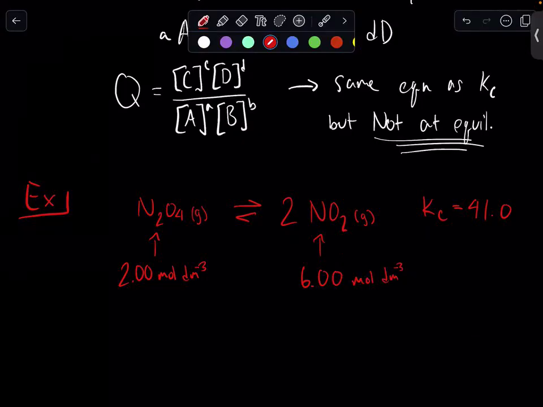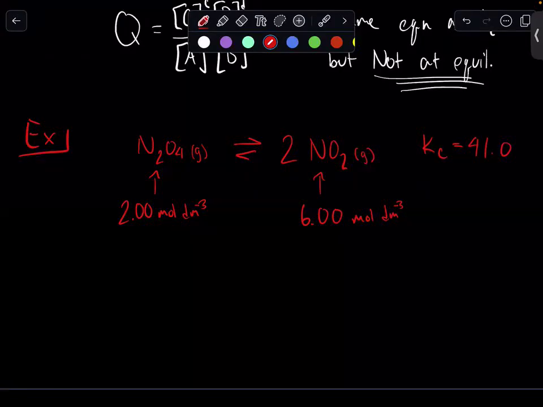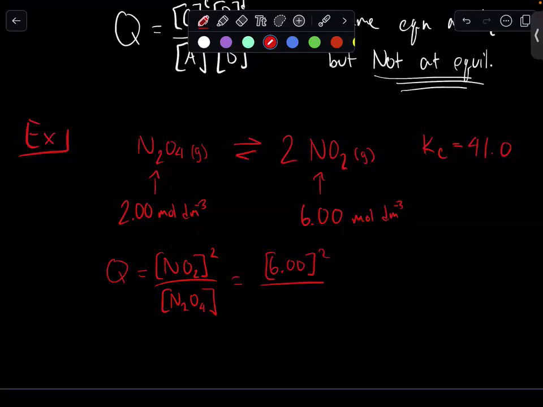We can now use the reaction quotient to predict the direction of this reaction, predict whether we'll make more products or make more reactants. So we'll plug it into our equation Q, which will be the NO2 concentration raised to the power of 2 divided by the concentration of N2O4. Plugging in our values, we have 6.00 squared divided by 2.00, giving us a value of 18.0.